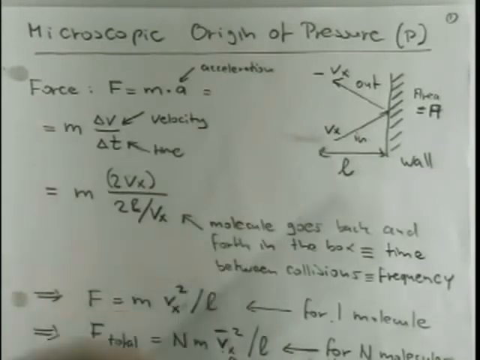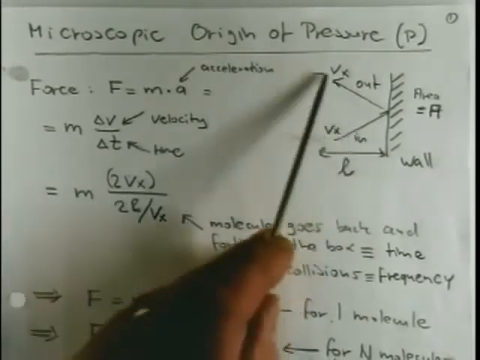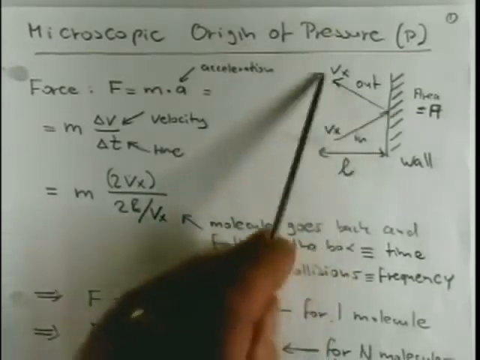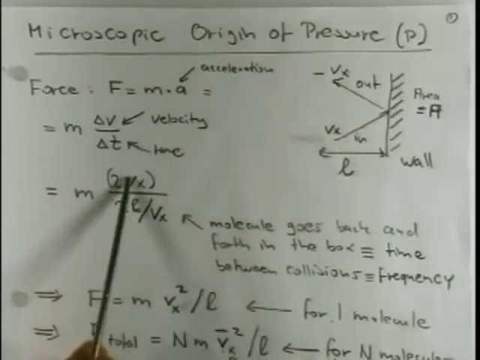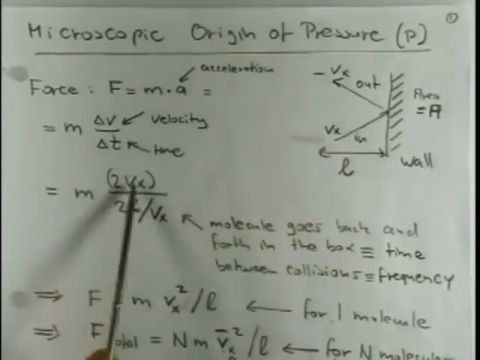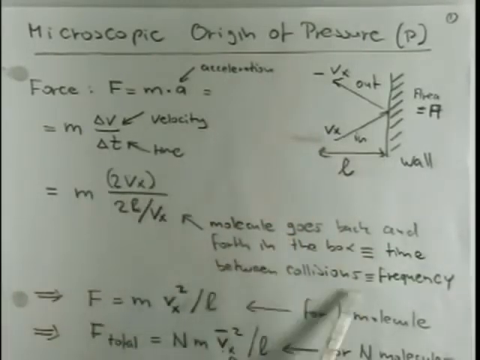What I am really interested in is, when does this happen again with this one particle? The change in velocity here is 2 times Vx, because it goes in and out. Now I want the time between the collisions, which gives the frequency, how often this happens.